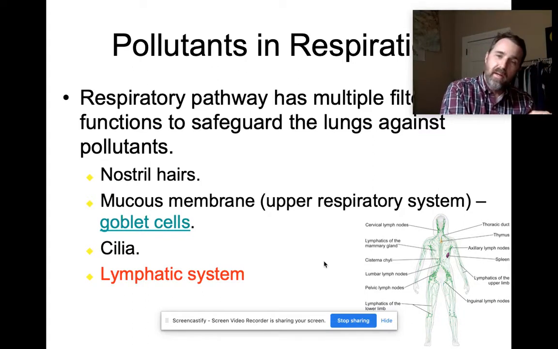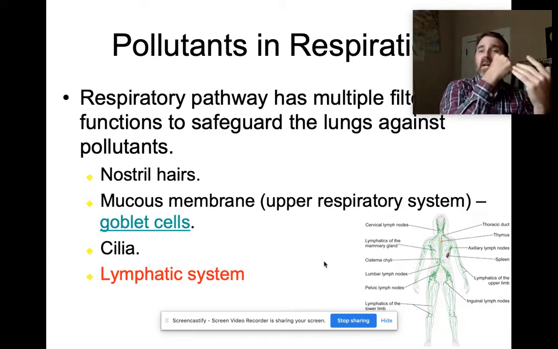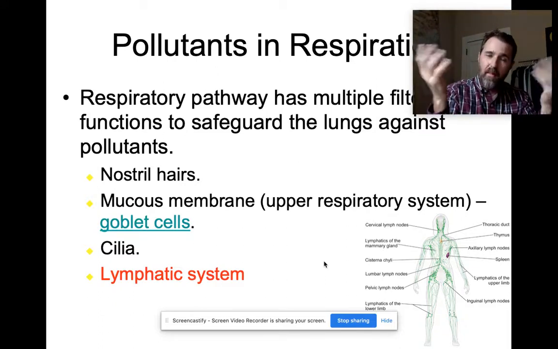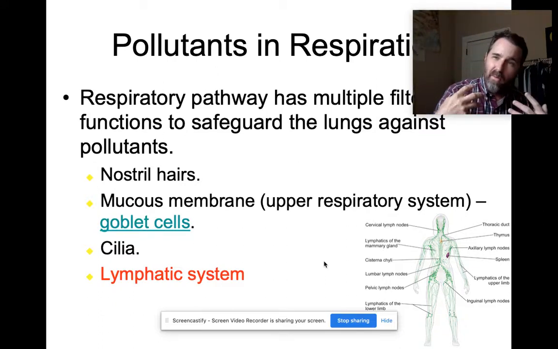And so once that goblet cell gets enough stuff stuck on its mucus, that mucus comes off and it hits a cilia, waves it up to another cilia, it waves it up, and in that way, all the mucus is slowly moved up high enough in the respiratory system where hopefully you're going to cough it or sneeze it up.